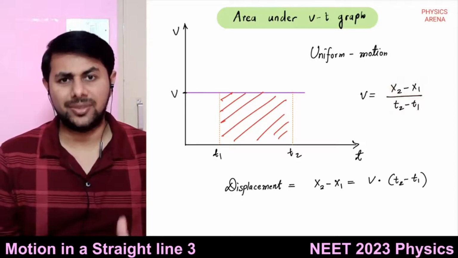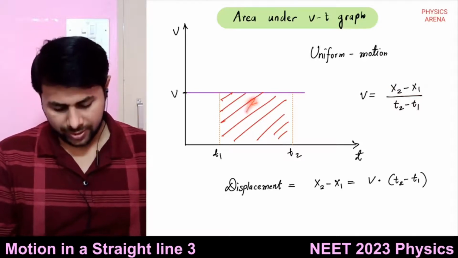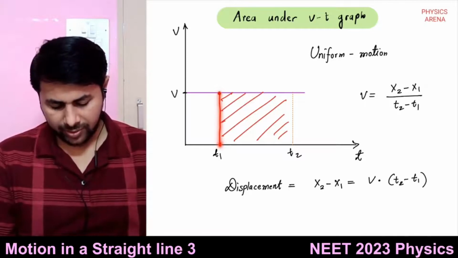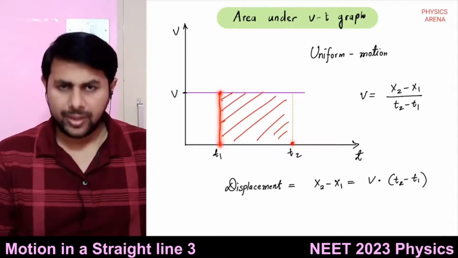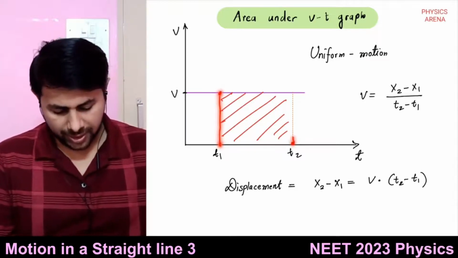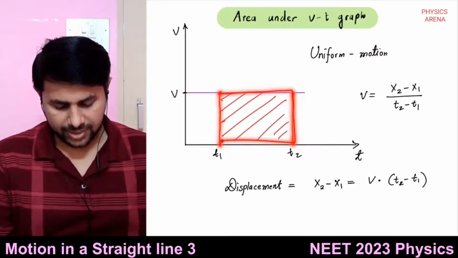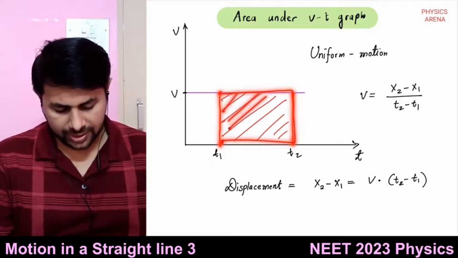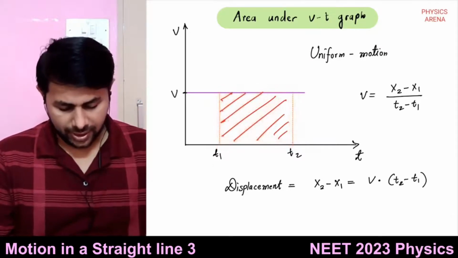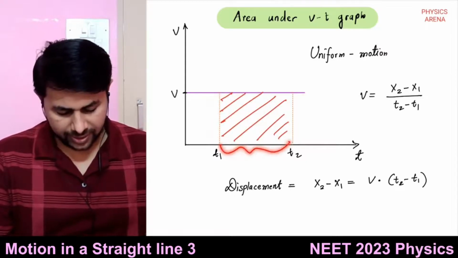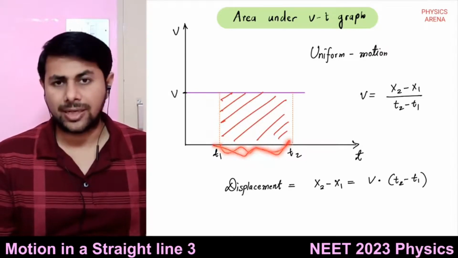And what does that represent on this graph? If you take t1 and draw a perpendicular on the graph, it meets at this point. If you consider time t2 and draw a perpendicular from there, it meets at this point. So the area under this region is V, the length of this side, multiplied by the length of this side, which is t2 minus t1.